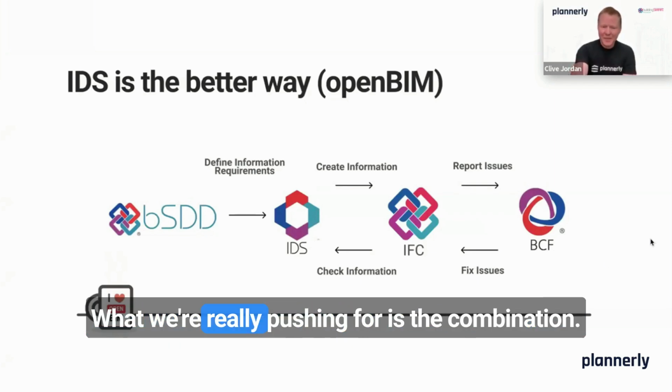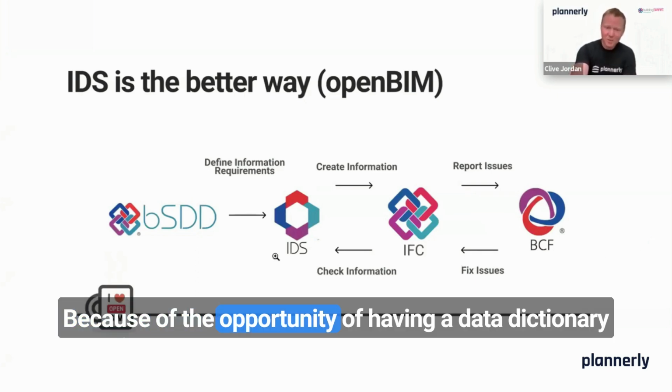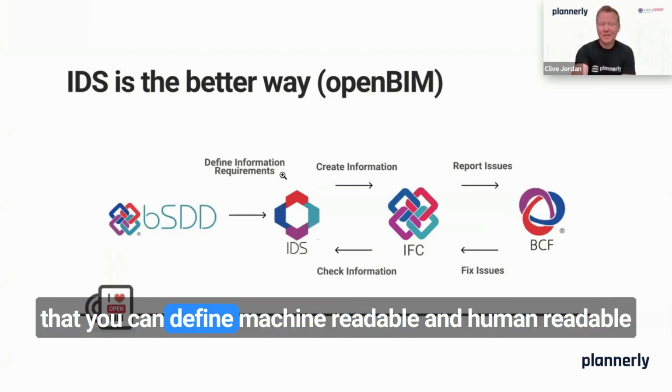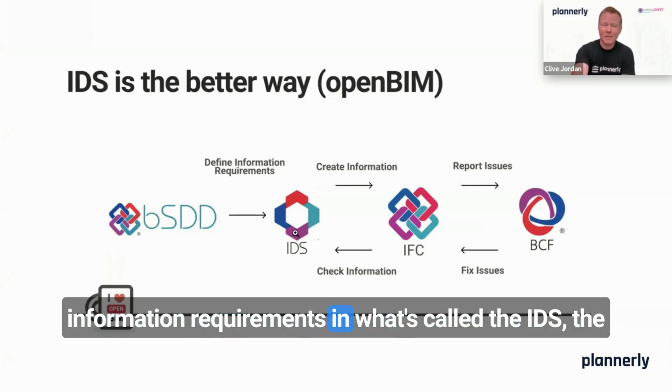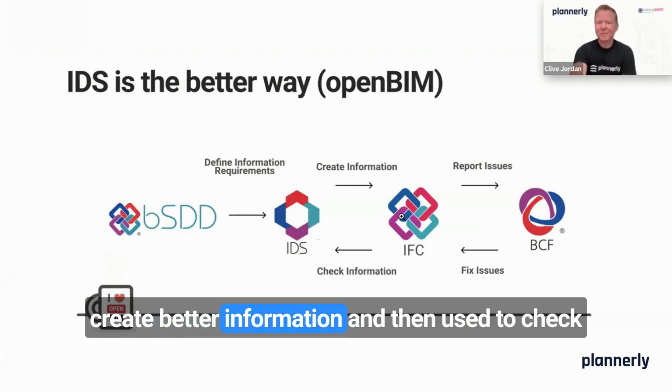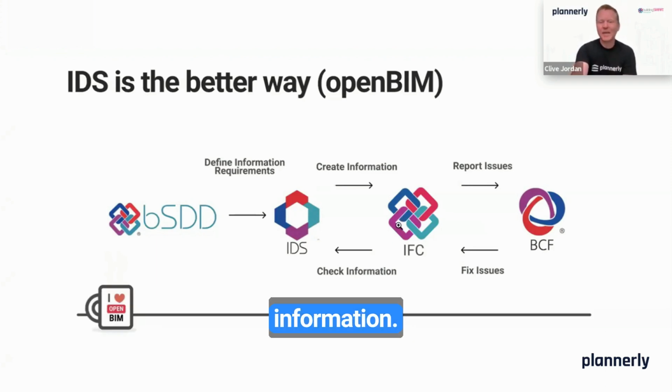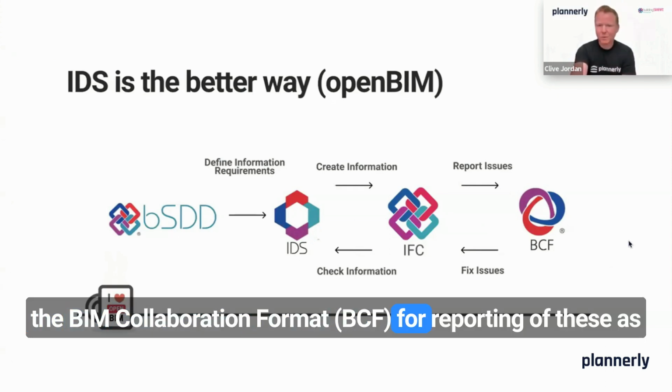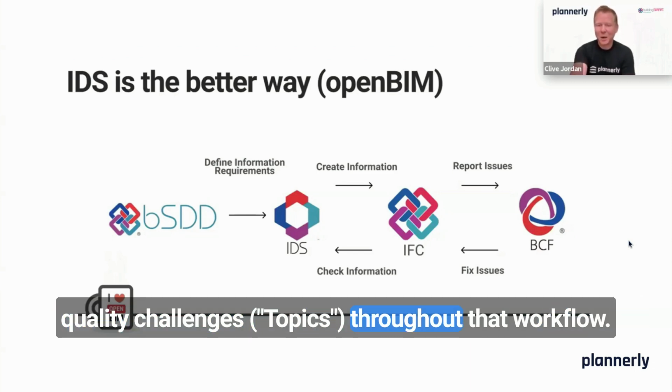What we're really pushing for is the combination, because of the opportunity of having a data dictionary that you can define machine readable and human readable information requirements in what's called the IDS, the Information Delivery Specification, which can be used to create better information and then used to check information, and anything falling out can go through the BIM collaboration format for reporting of these as quality challenges throughout that workflow.